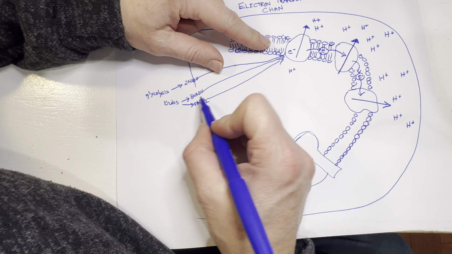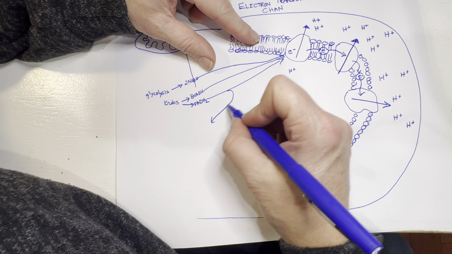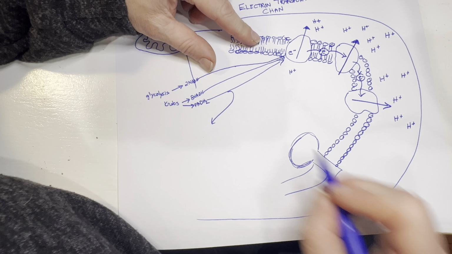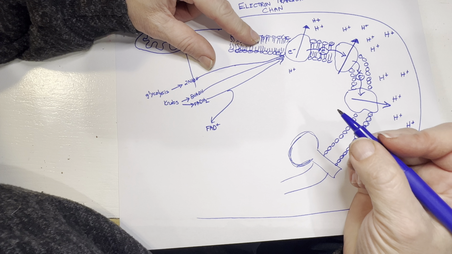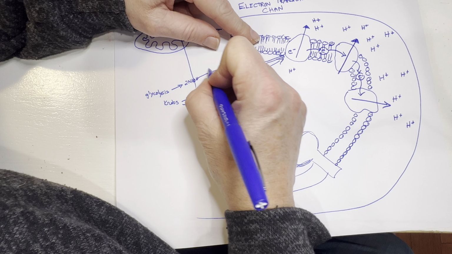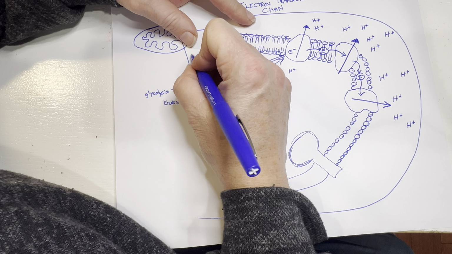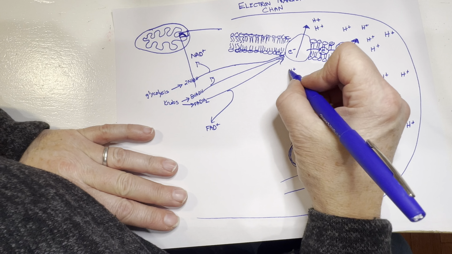Keep in mind that our electron carriers, when they're all said and done and they're free of their electrons, are also going to be free of their hydrogens. So our FAD plus is going to have dropped off its electrons. Our NADH is going to have dropped off its electrons and is going to be headed back as NAD plus. So those hydrogens it's carrying are also going to be dropped off.